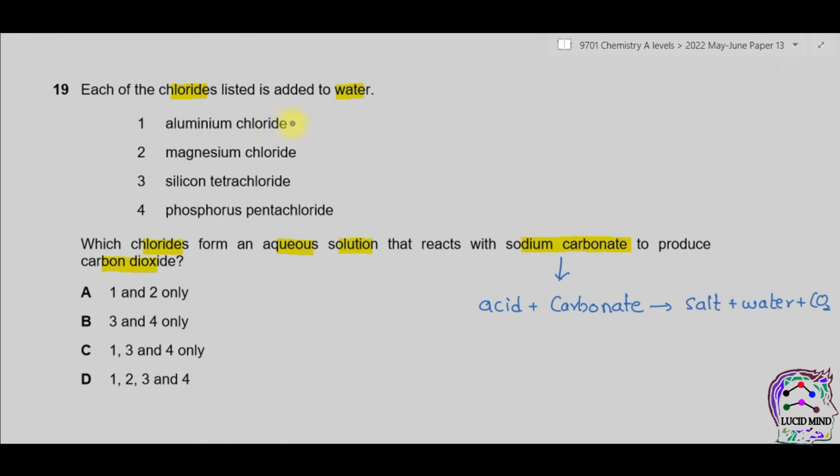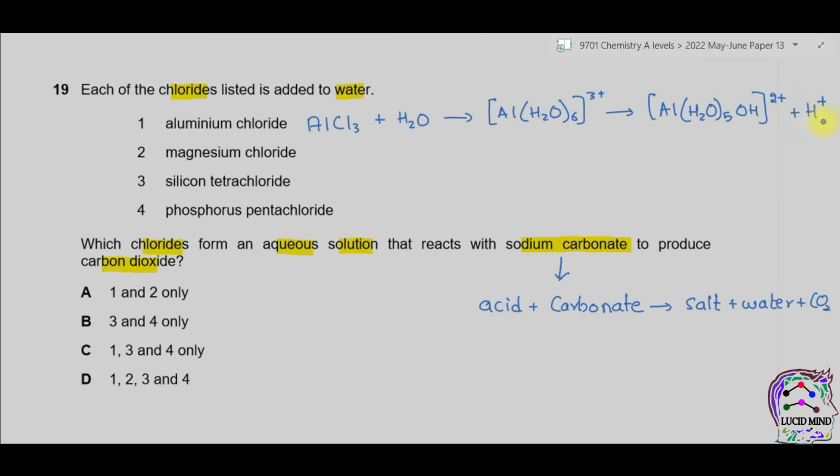Let's see, the first one is aluminum chloride. Aluminum chloride, when added to water, forms an acidic solution. First, a complex is formed, Al(H2O)6 3+, and then one of the water molecules gets ionized to form Al(H2O)5(OH) 2+ along with H+.